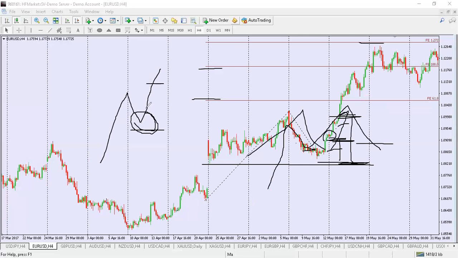Buy early, somewhere here, so that your stop loss can be small. If the market still goes this way, you get stopped out, no problem. So if you believe this is going to be a market that moves up, buy early so that you can have a small stop loss for a bigger profit.